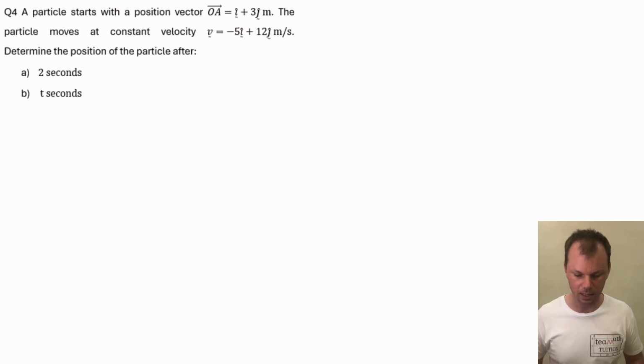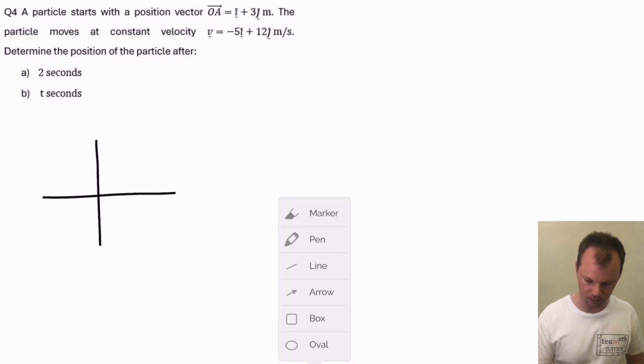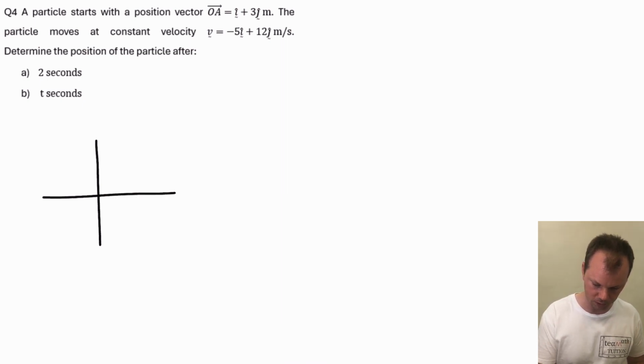Question 4. A particle starts with the position vector OA, i plus 3j meters. The particle moves at constant velocity, v equals negative 5i plus 12j meters per second. Determine the position of the particle after 2 seconds and after t seconds. So let's visualize what's going on here. We've got a starting point of 1 across and 3 up.